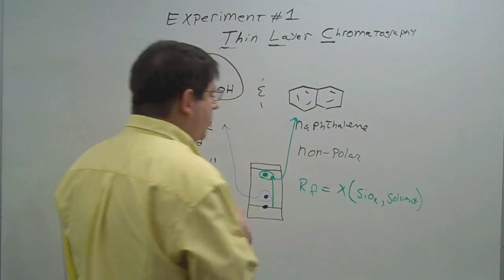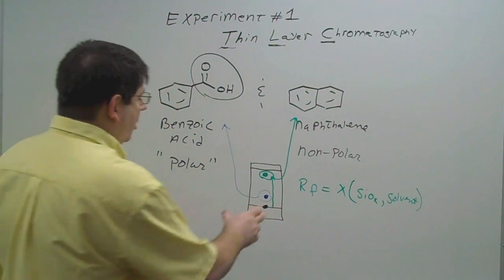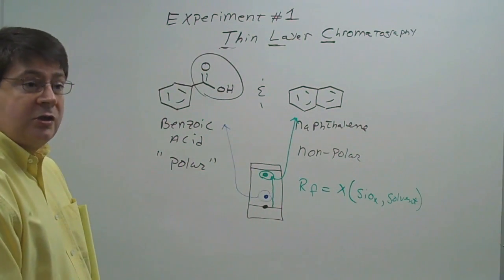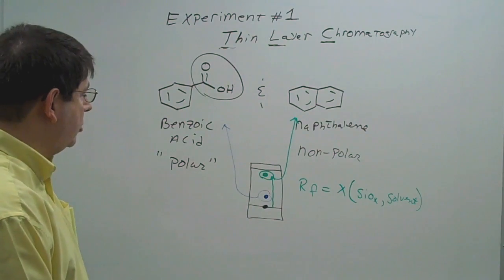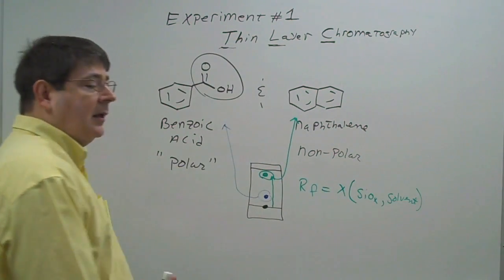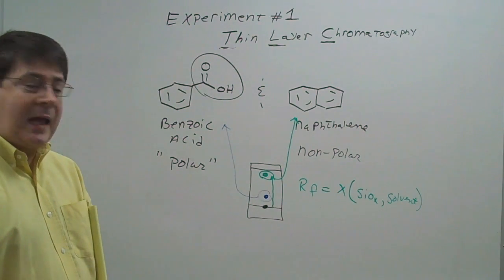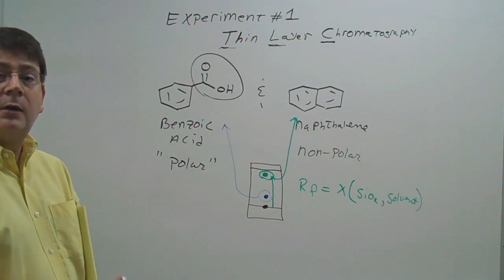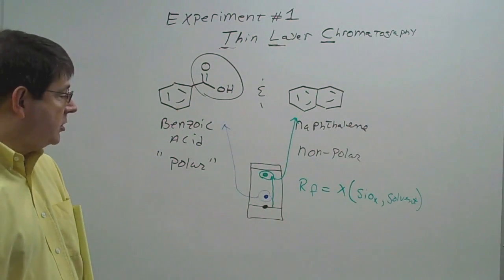And it's very important that you report this because it turns out that there are many different types of TLC plates. Not all of them are silica gel. It just turns out that those are the ones that we're using in this laboratory. And it also turns out that you can use a variety of different solvents. But it's very important because benzoic acid or naphthalene will have different RF values based on the solid support and the solvent.